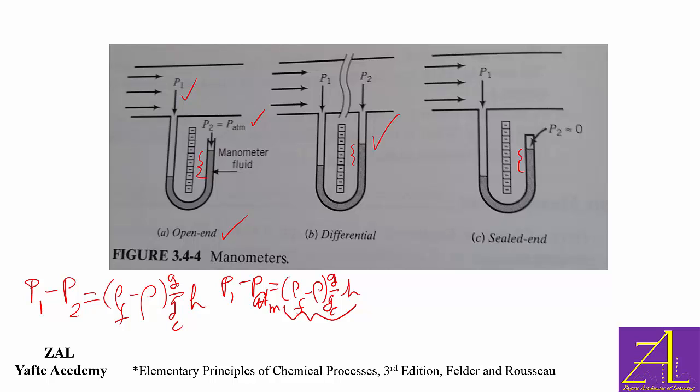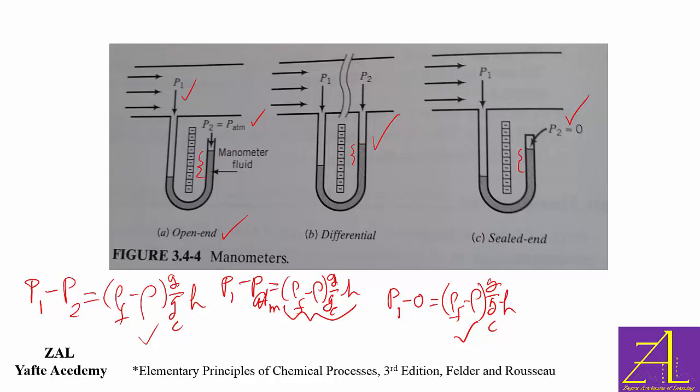Differential is the same as we just talked, P1 minus P2, and the sealed end has got P2 equal to 0 because here is vacuum. In that case, P1 minus 0 would be rho F minus rho G over GC H. The reading would be an absolute pressure, not like the first one, which was the gauge pressure.